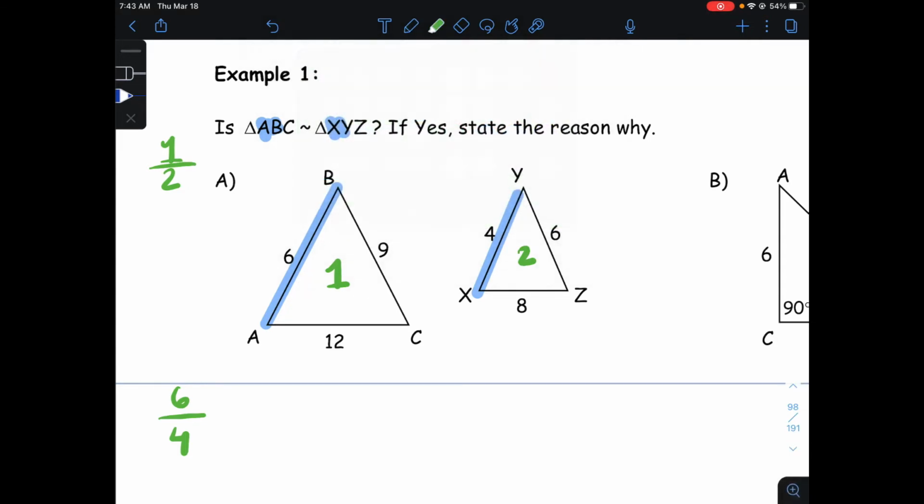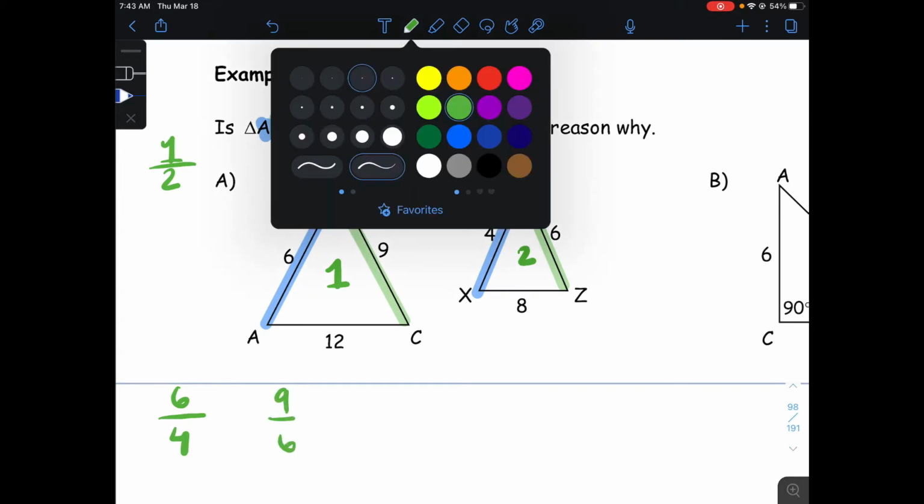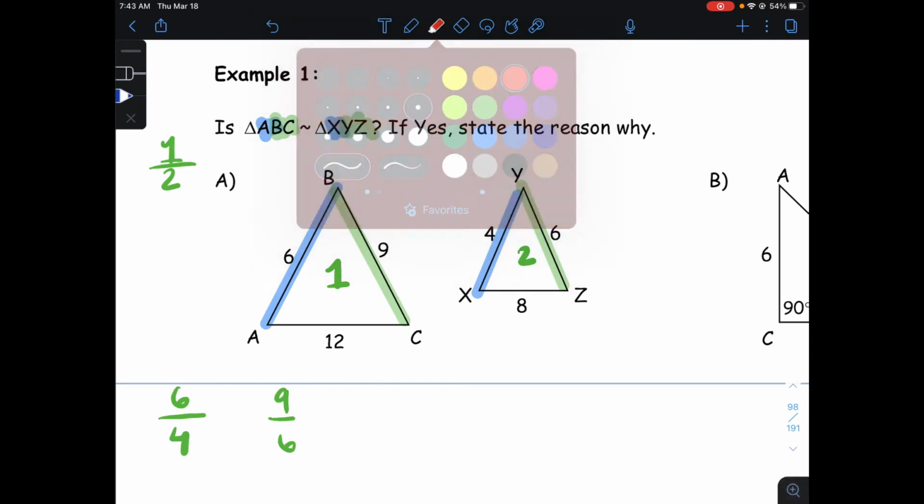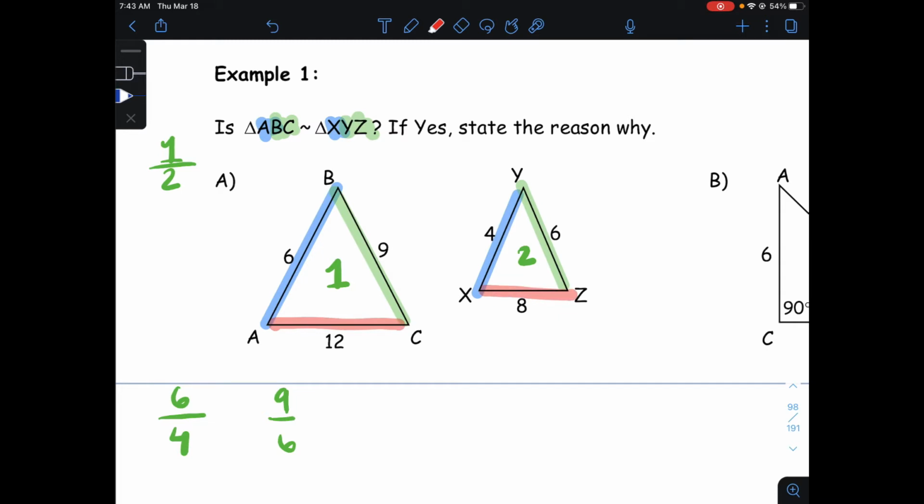Then BC goes with YZ, so we've got 9 over 6. And then we've got AC and XZ, which gives us 12 over 8.